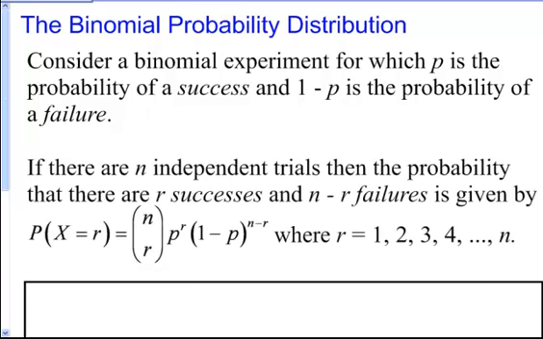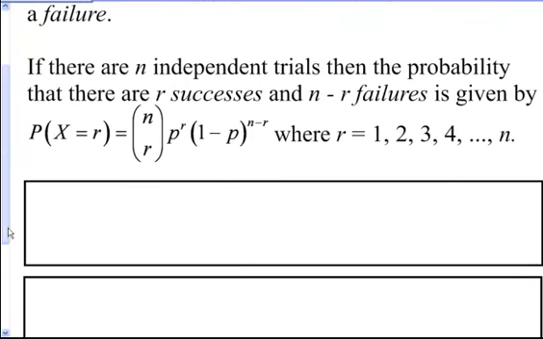So if we have n number of trials, then the probability that there are r successes and n minus r failures is given by our equation right here. We are always going to have the number of successes with our probability of succeeding.